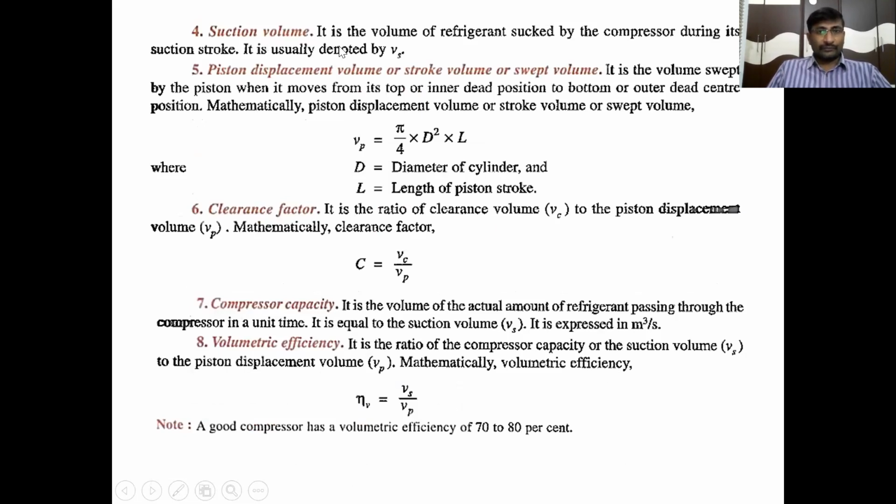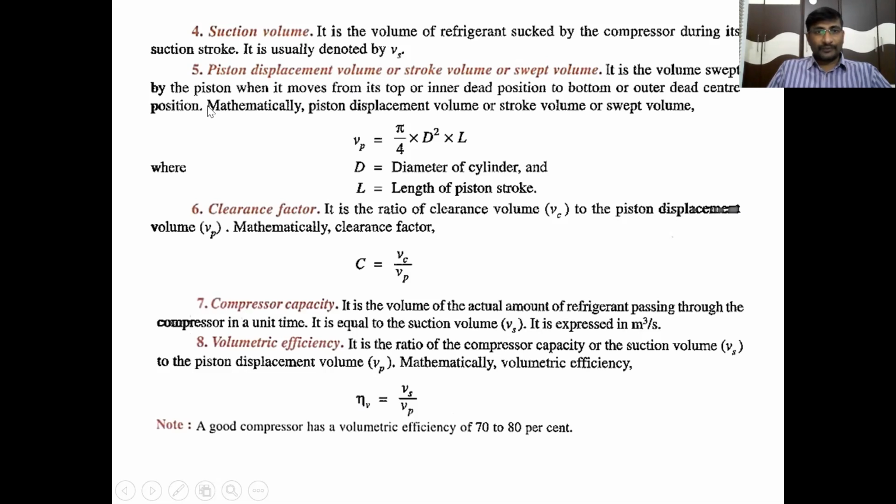Next, suction volume. It is the volume of refrigerant sucked by the compressor during its suction stroke. It is usually denoted by VS, suction volume. This is the actual volume of the refrigerant. Piston displacement volume or stroke volume is the swept volume.